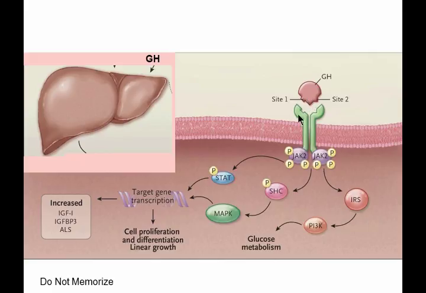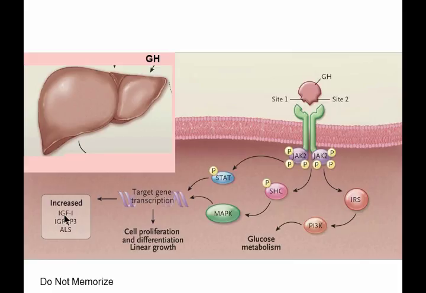Two receptors are dimerized by binding to the ligand, growth hormone. Growth hormone binds to these receptors at two different sites, but it effectively dimerizes them. It activates them. There are, of course, phosphatases and phosphorylation pathways, the MAP kinase pathway, to increase the production of a series of proteins in the liver, but in many other cells in the body.